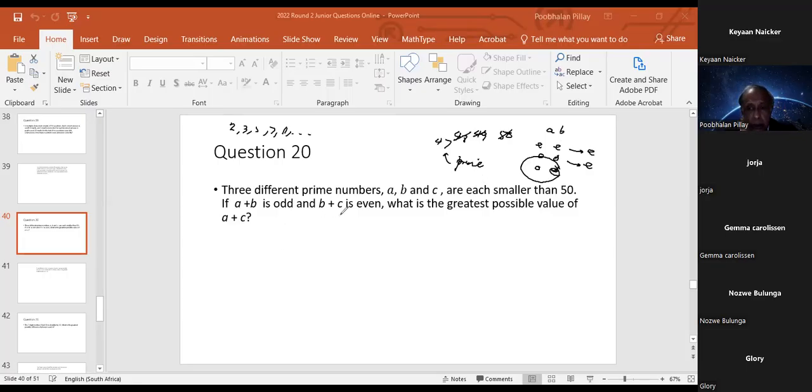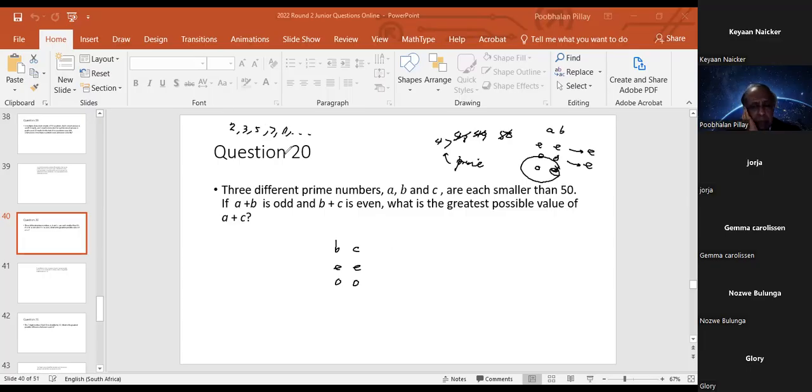Okay, now let's go to B plus C. The sum there is even. So with B and C, you could have even, even, or odd, odd. Now comes the crunch.